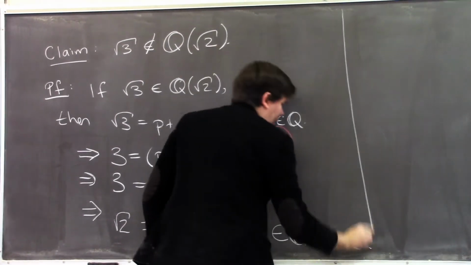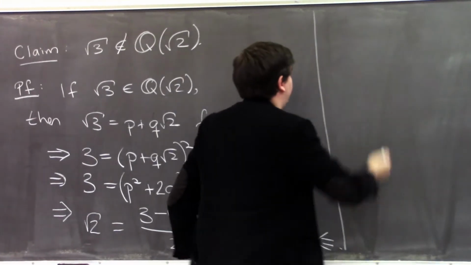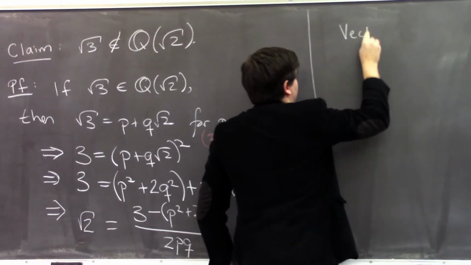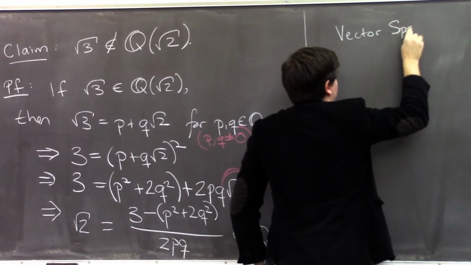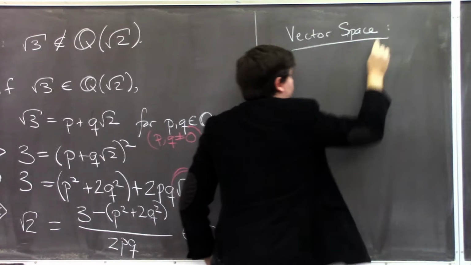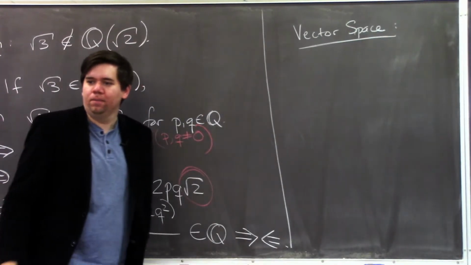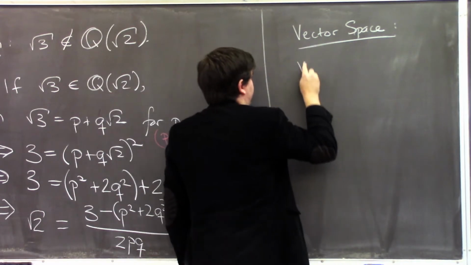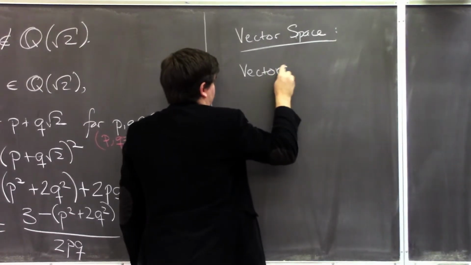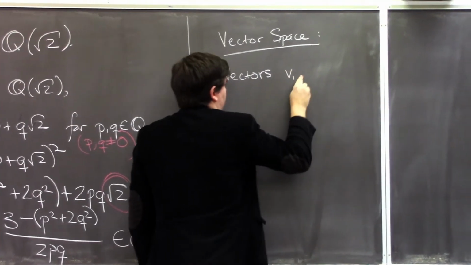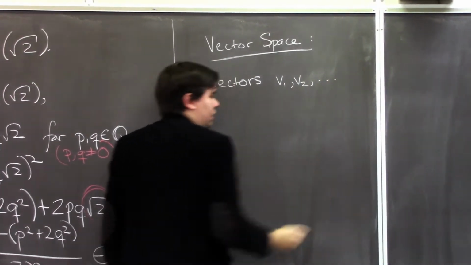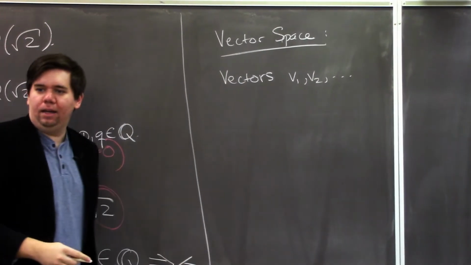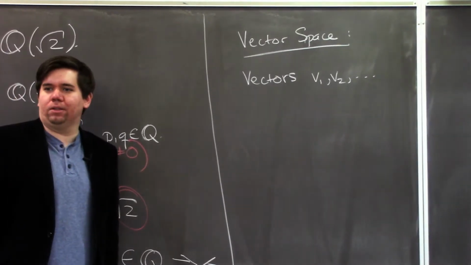But first I want to briefly remind you about what a vector space is. So in linear algebra, you learn about vectors, right? And you have some vectors, v1, v2, etc. And in a vector space, what can you do with your vectors?